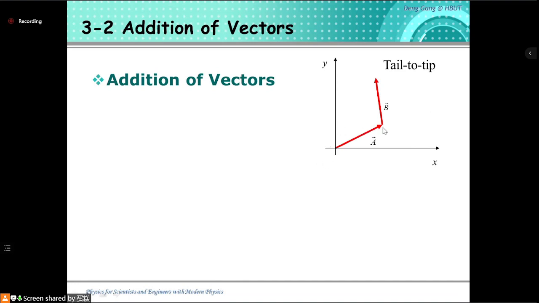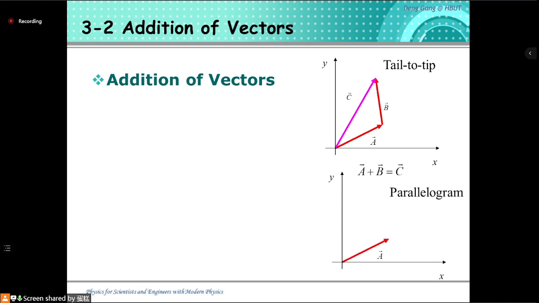If this is A and this is B, from the tail to the tip, vector C is equal to vector A plus vector B. That's why we call it tail to tip: from the tail of A to the tip of B, that's A plus B. You use a triangle to help you calculate A plus B.